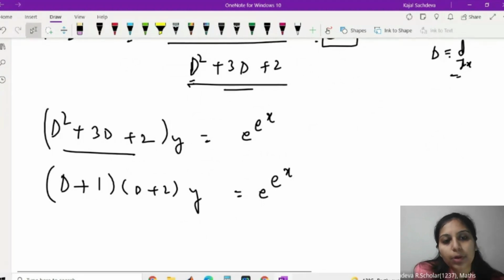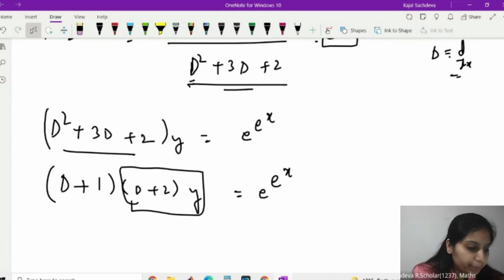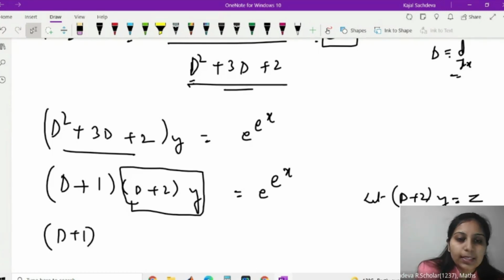This is the product of these two functions. Now you can put this as z. Let (D plus 2)y is equal to z. We are converting our equation from second order to first order. Just replacing (D plus 2)y, this can be replaced by z. This is converted into (D plus 1)z equal to e raised to power x.